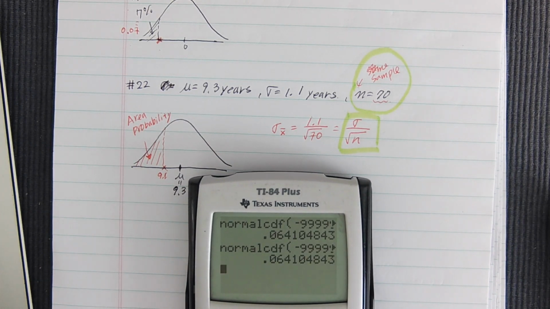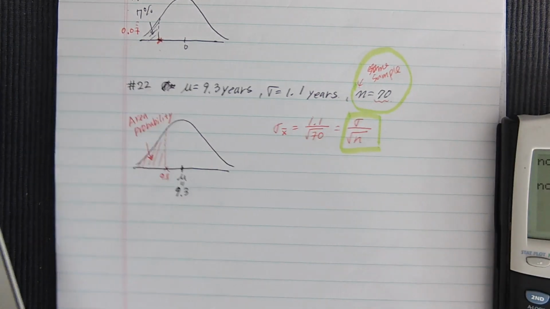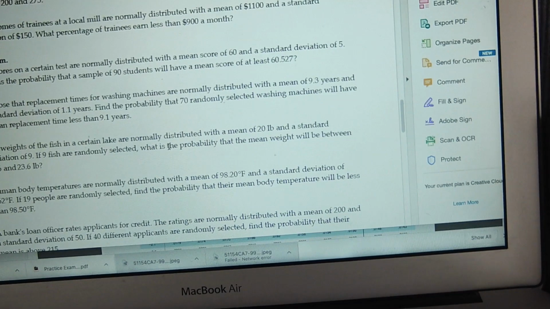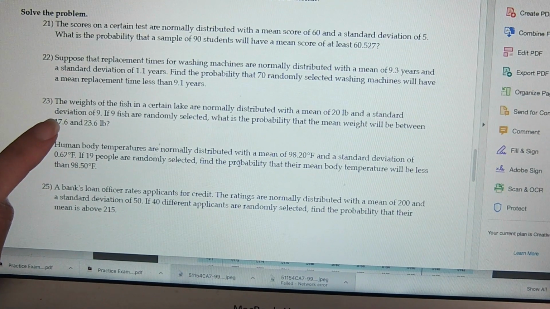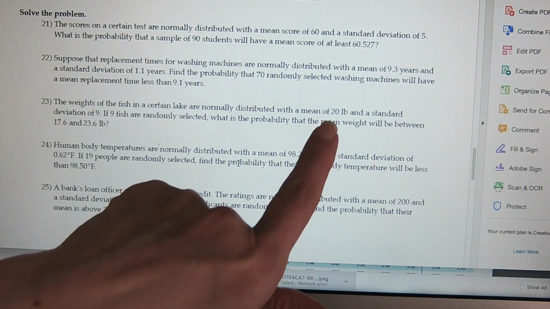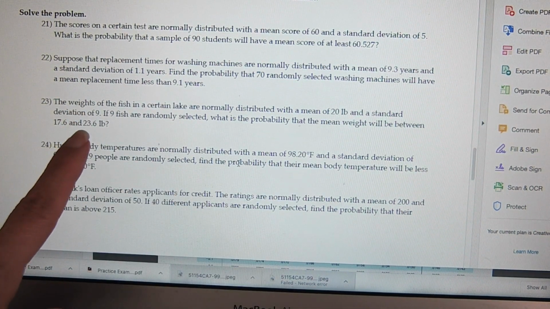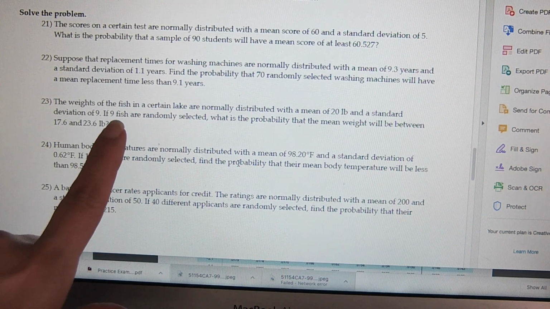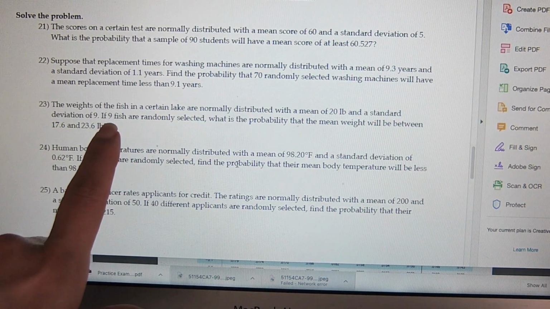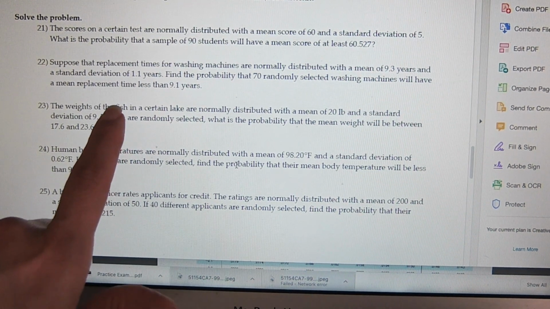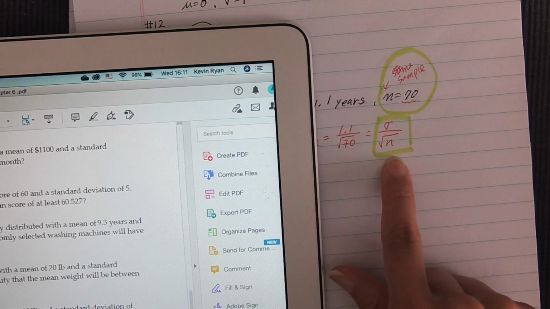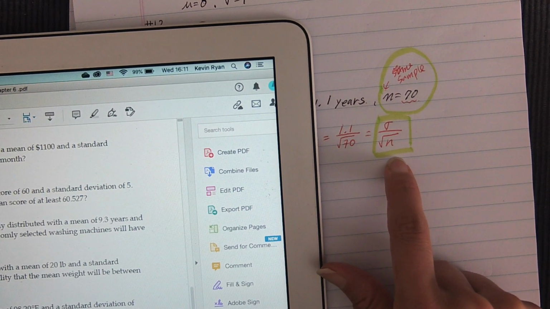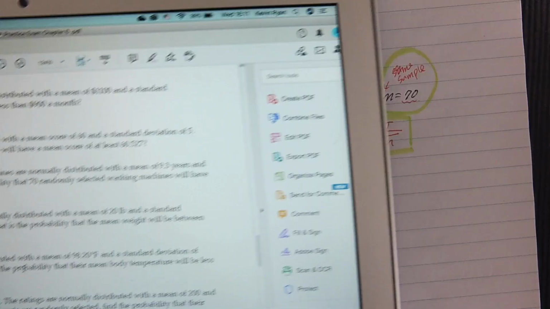Okay? So with all the questions, if you read it, like 23, can you see the 23? Here's the mean, here's the standard deviation. But did you see there's a sample? That's it. Your standard deviation changes, just like this formula. So you have to change the normal CDF.